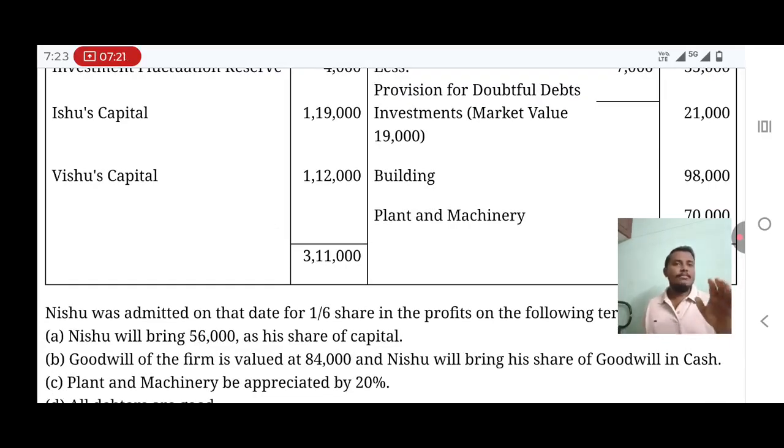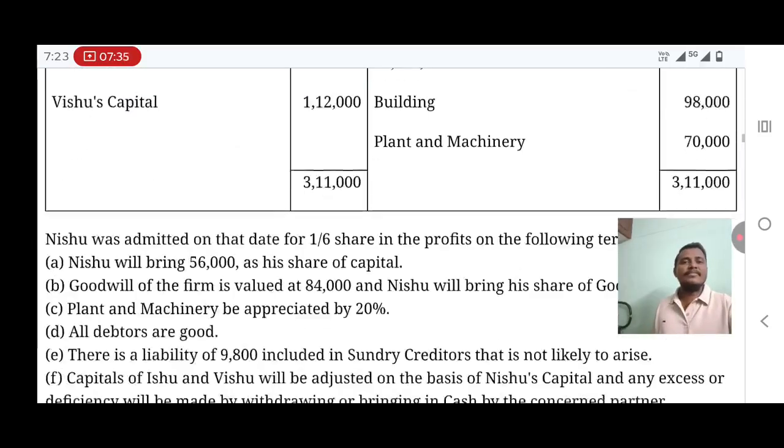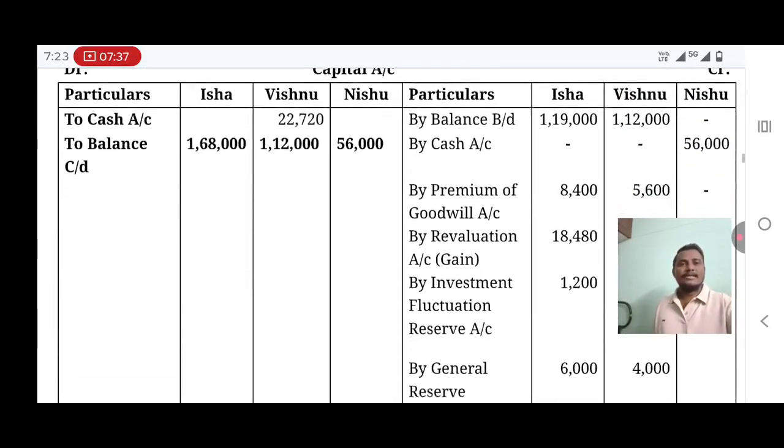If you see, market value of the investments is 19,000. Book value they have invested is 21,000. The loss is 2,000. That is adjusted in the investment fluctuation reserve of 2,000. So the balance 2,000 they have split in the partners' capital account.